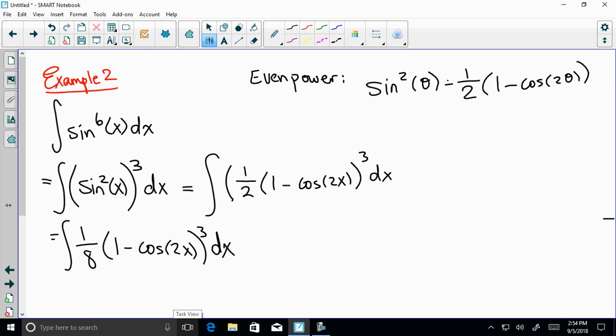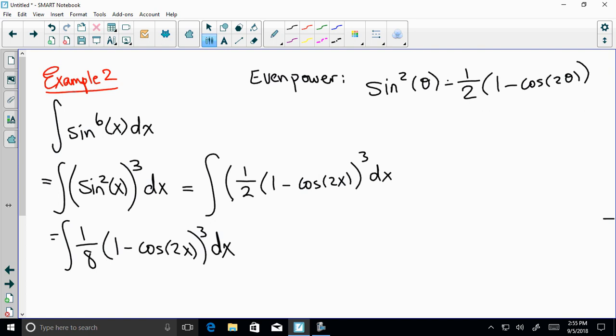So this is where we use Pascal's triangle. Did I go over this with you in class yesterday? No? Pascal's triangle? No. Okay. Well, we just do 1 minus cosine times 1 minus cosine times 1 minus cosine. Okay, I'm going to go over that.